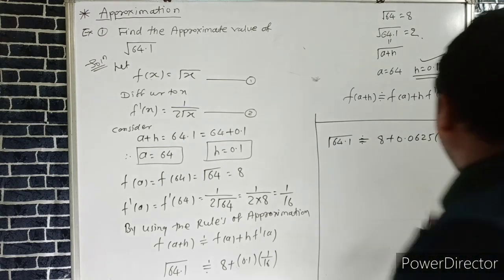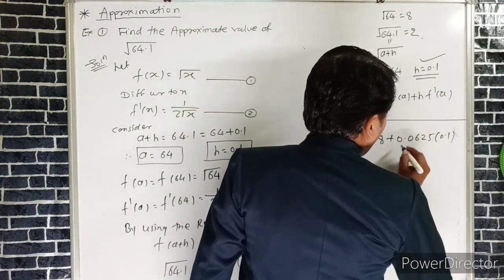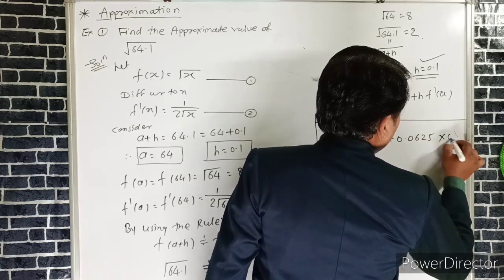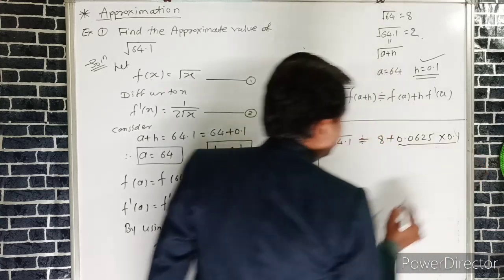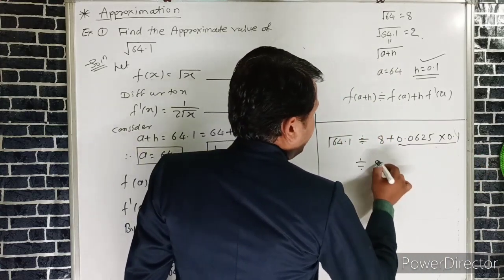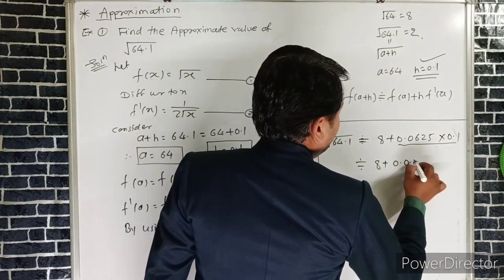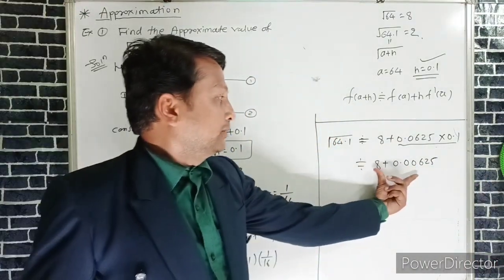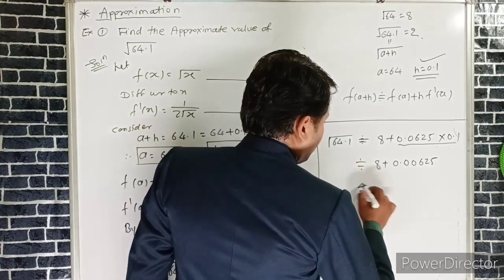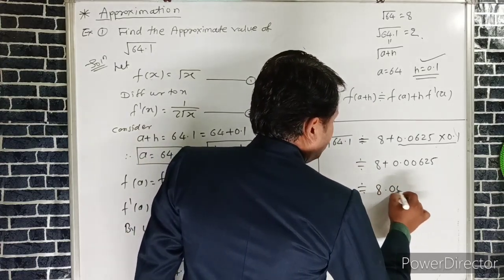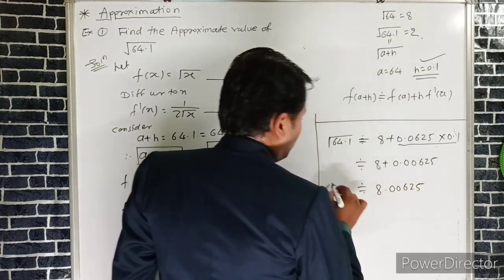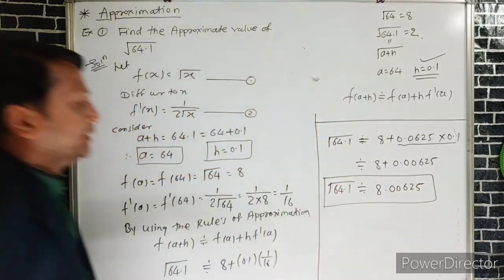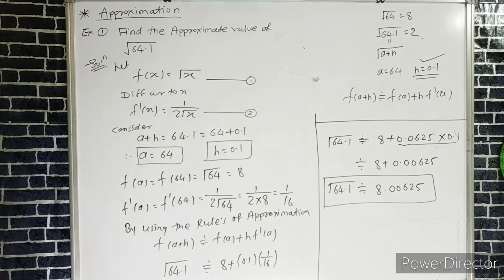So if we multiply these two terms, 0.1 into 0.0625, the product is 8 plus 0.00625. If we add both terms, we can write 8.00625, which is the approximate or required value of under root 64.1.